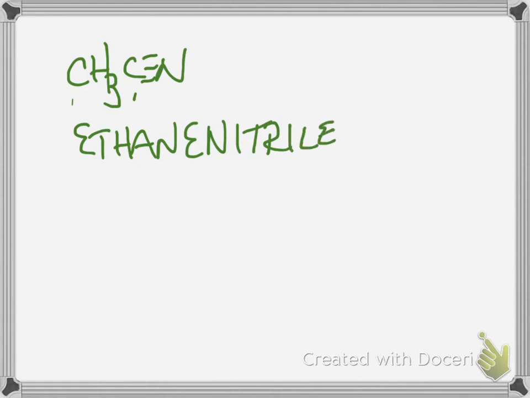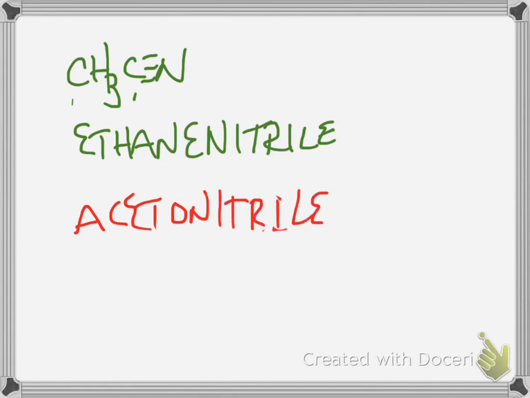However, I've more commonly heard it referred to the other way, as if it's 2 carbons, it's called acetic acid. You drop the ic, or the oic acid part, and you just add in o-nitrile. And so it becomes acetonitrile. And that's typically the one that gets used more often from my experience. Let's do another example.